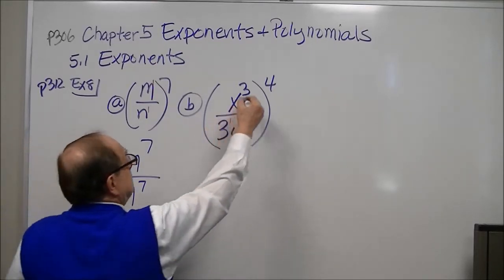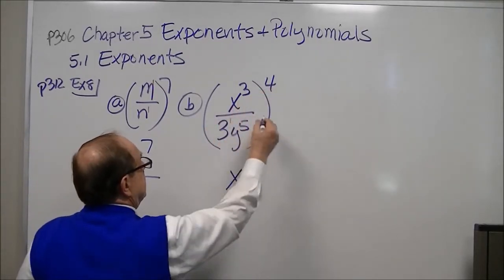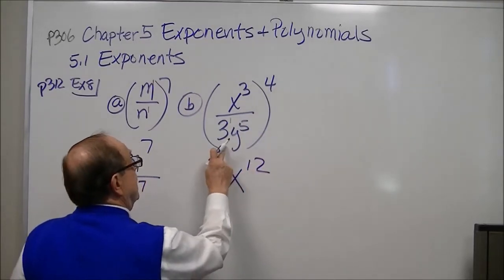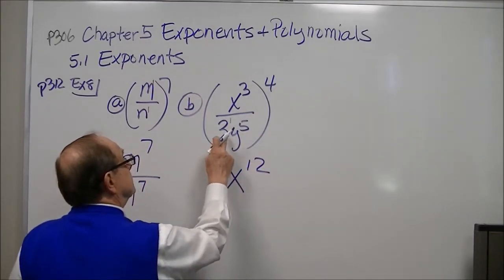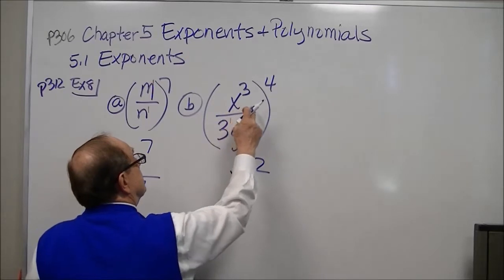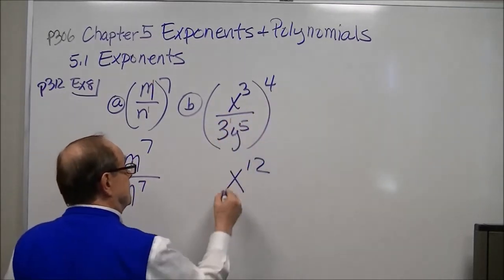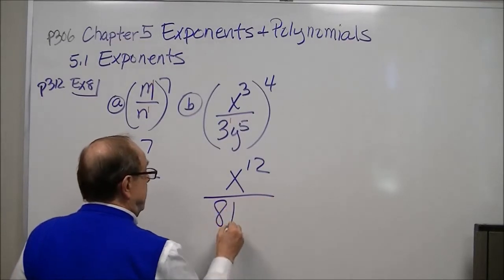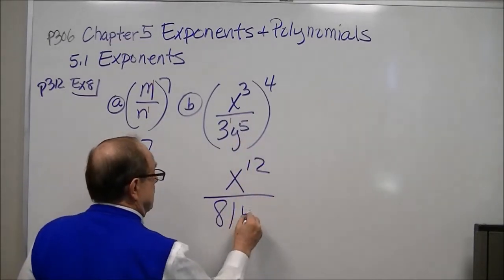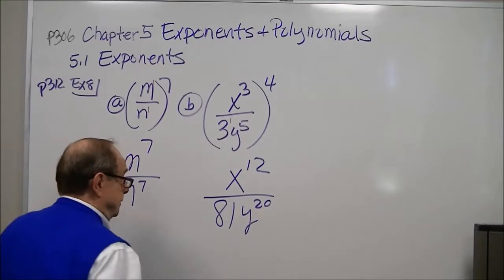And this we're going to multiply. That gives us x to the 12th. Now here, this is key. This is 3 to the 1st raised to the 4th power, which is 3 to the 4th, which is 81. Y to the 20th.